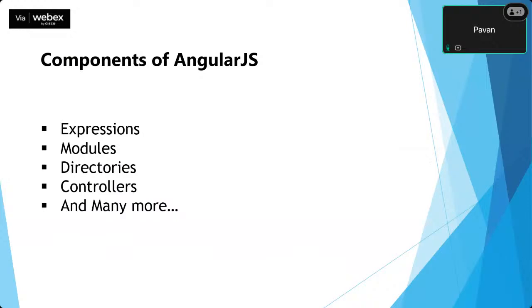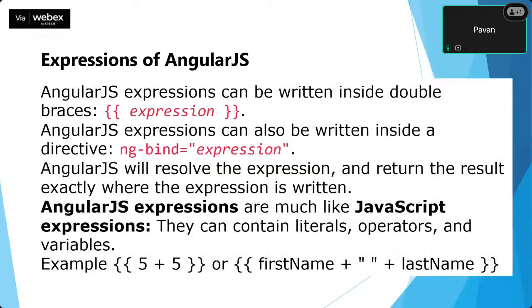They will be covered by my college mates. So as I said, expressions, modules, directives, and controllers are some of the basic components of AngularJS. Let's dig deep into this.